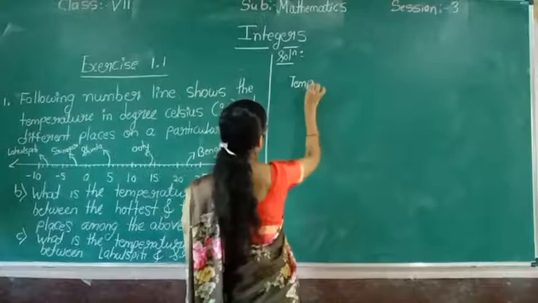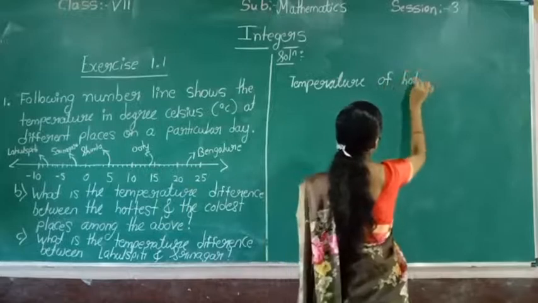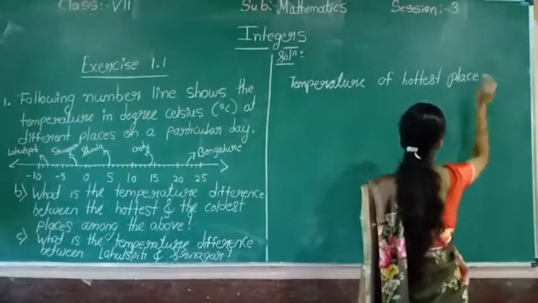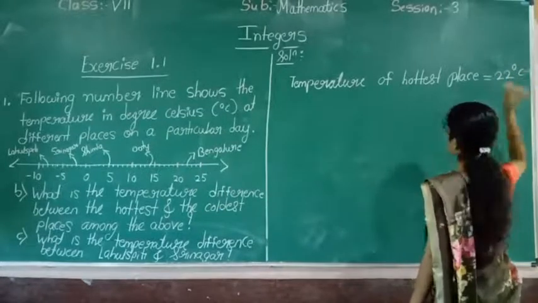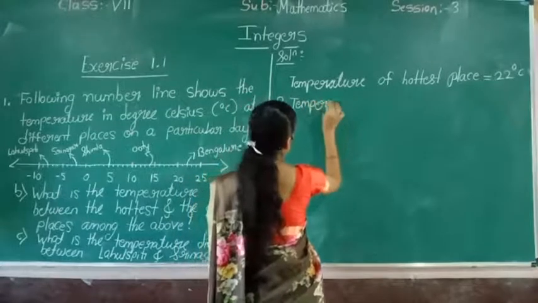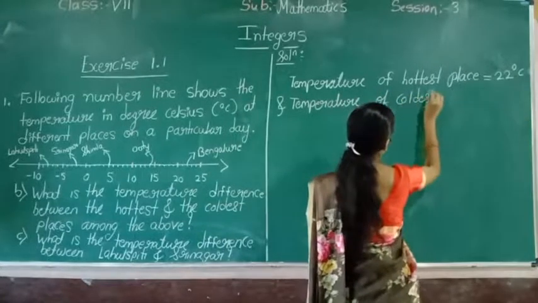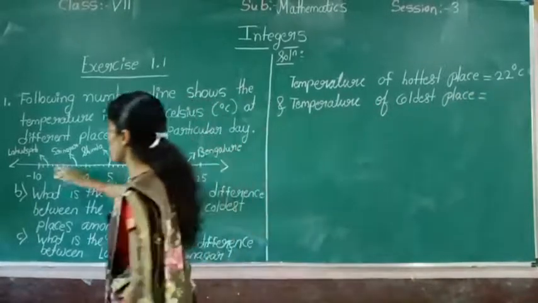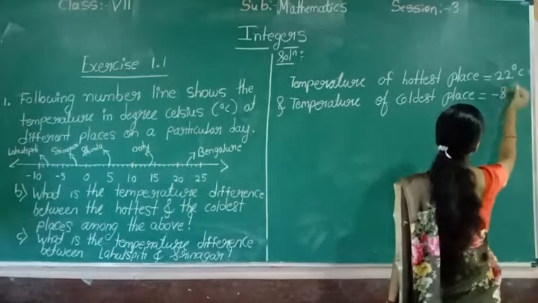Temperature of the hottest place, that is Bengaluru, is 22 degrees Celsius. And the temperature of the coldest place, that is Lahul Spiti, because it has a lesser value, is -8 degrees Celsius.